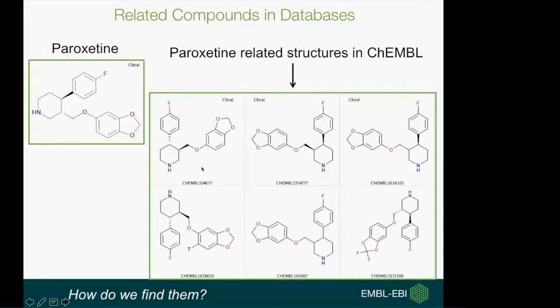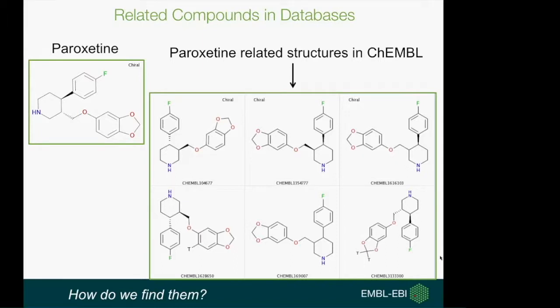For example, we have molecules that have different stereochemistry, or no stereochemistry. We've got different isotopes, so we've got a couple of different tritiated forms. And in ChEMBL, all these different molecules will have bioactivity data on them.